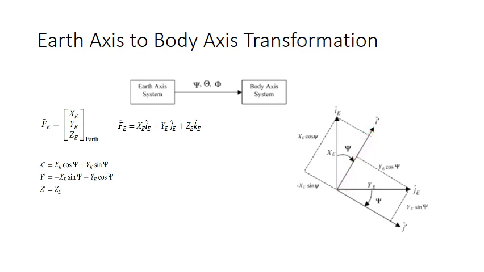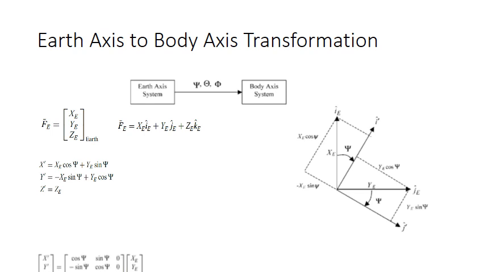So it will be equal to xe cosine psi plus ye sine psi. If we look at y dash, which is the projection on j hat dash, it will equal ye cosine psi minus xe sine psi. And z dash will be the same as ze.